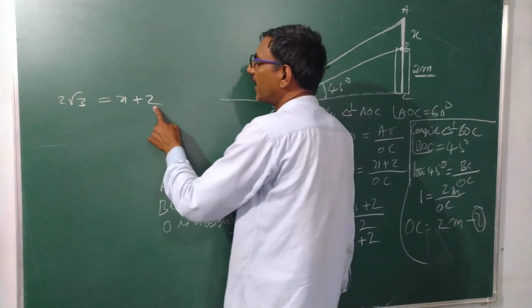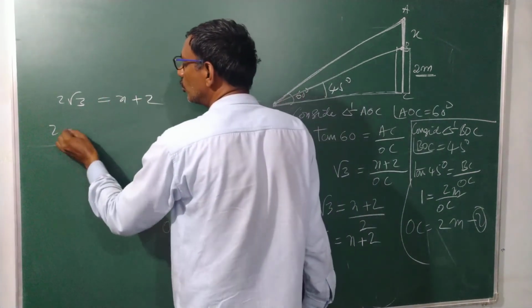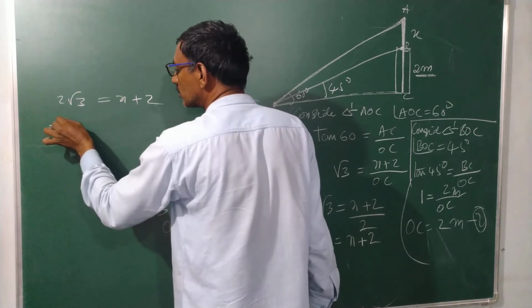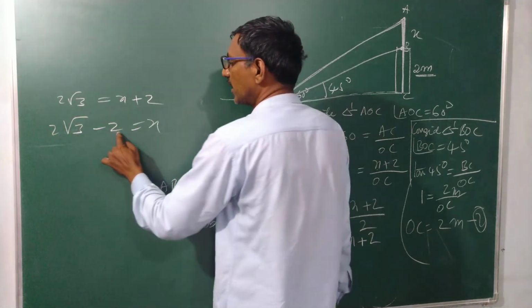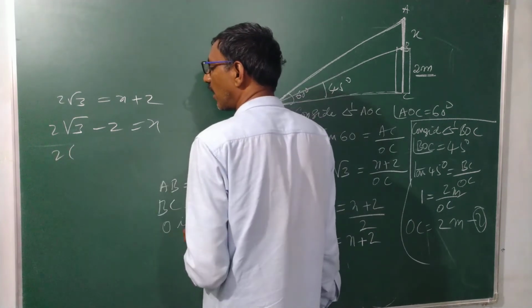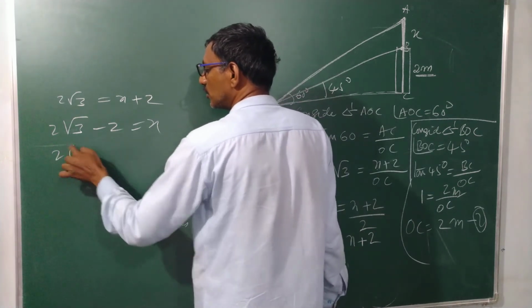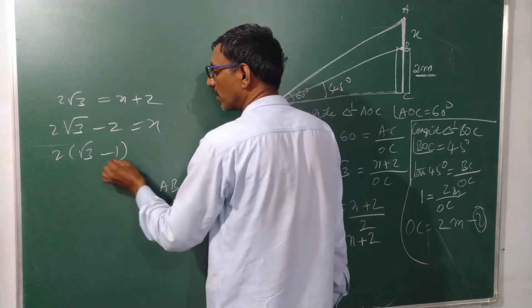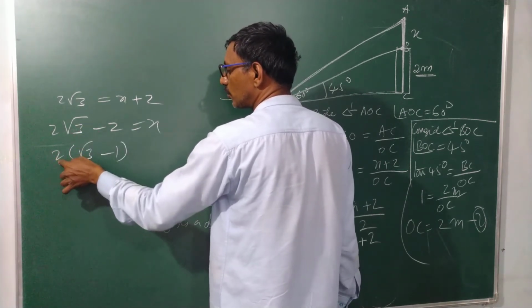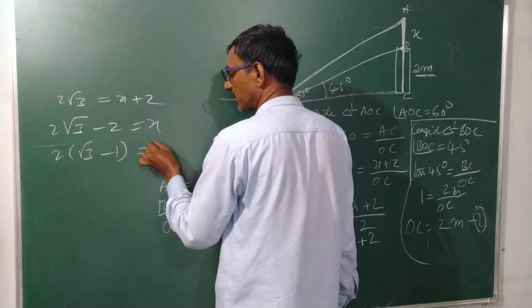The 2 being added goes to the other side: 2 root 3 minus 2 is equal to x. Here 2 is common, take it out: 2 into root 3 minus 1 is equal to x.